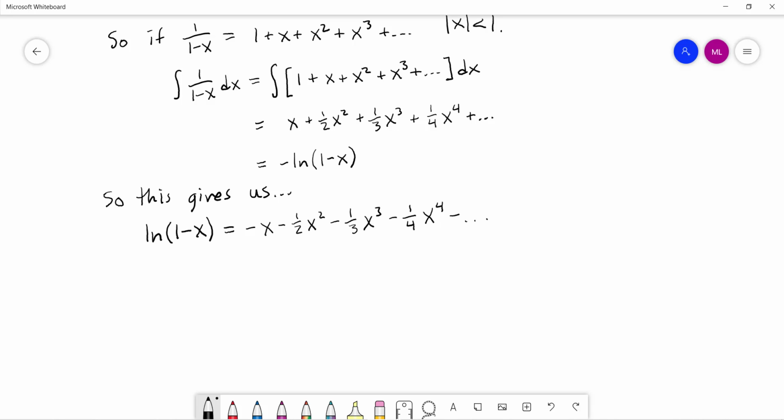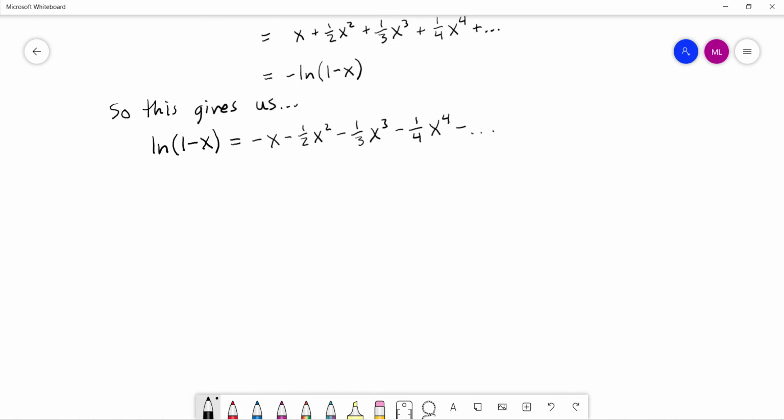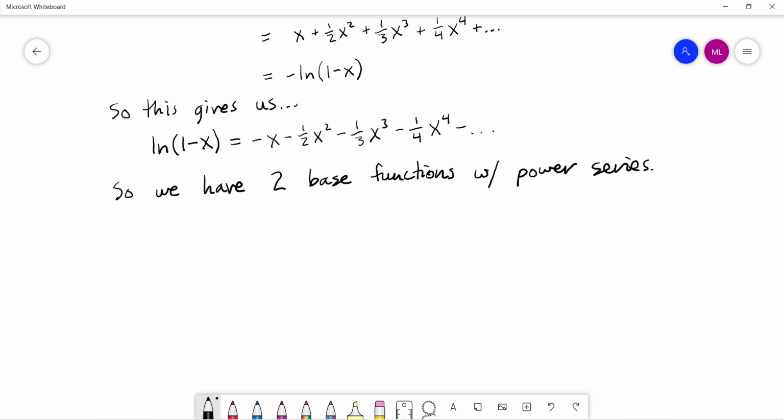So we basically have two sort of base functions that you can think of with known power series. The first one, 1 over 1 minus x, was equal to 1 plus x plus x squared plus x cubed, this one that we've been doing a million times.